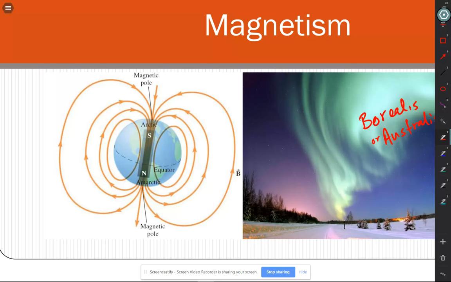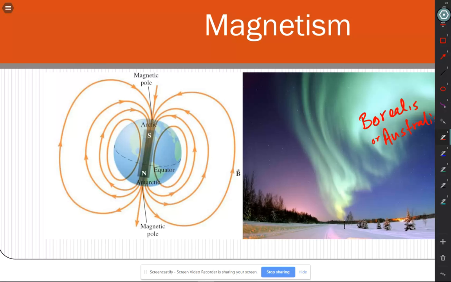But then, when people started studying magnetism, just like what was discovered by Franklin, they discovered that opposites attract. So the north pole will be attracted to a south magnetic pole, and the south pole attracts to a north magnetic pole. North will be repelled from the north pole. So now we back up the picture. We have a magnet and it has a north-seeking pole that points toward the Earth's north geographic pole.